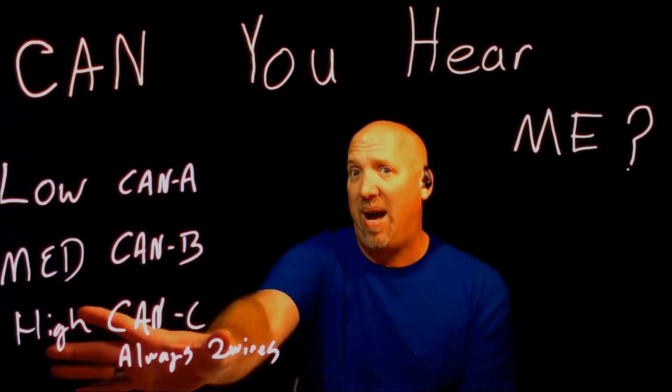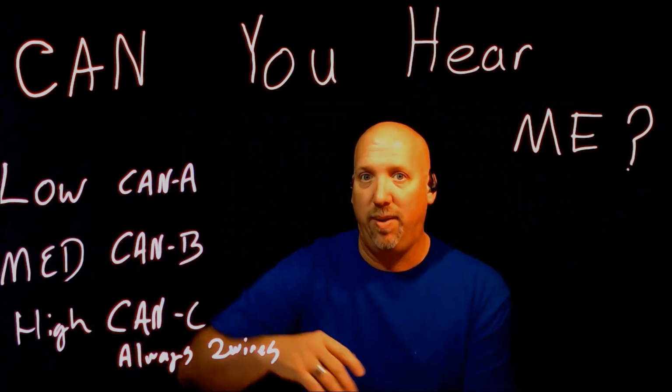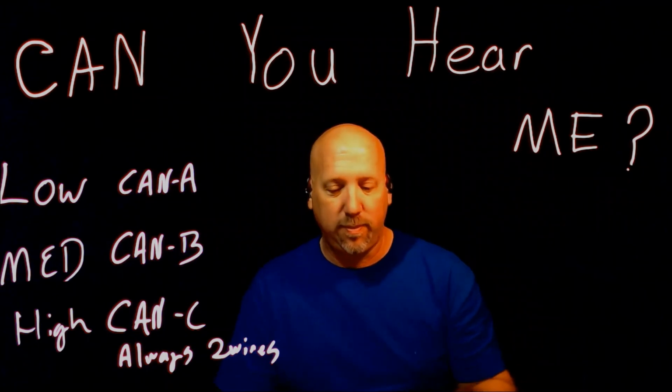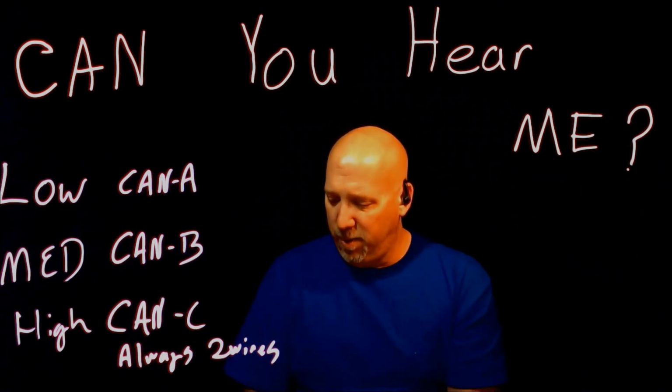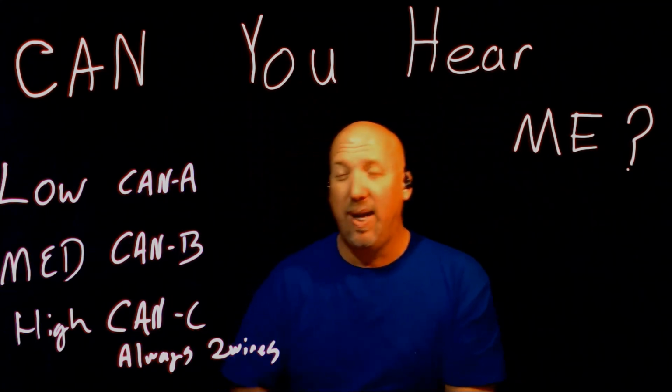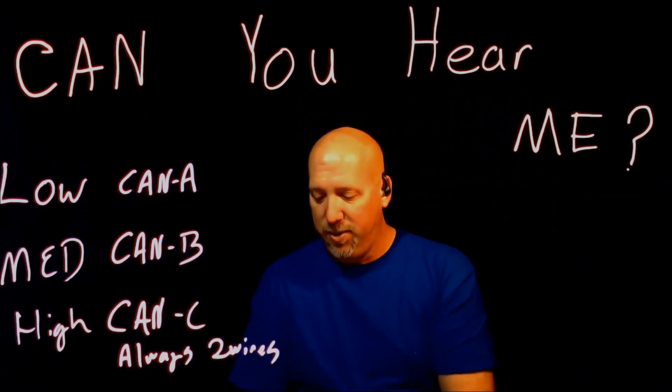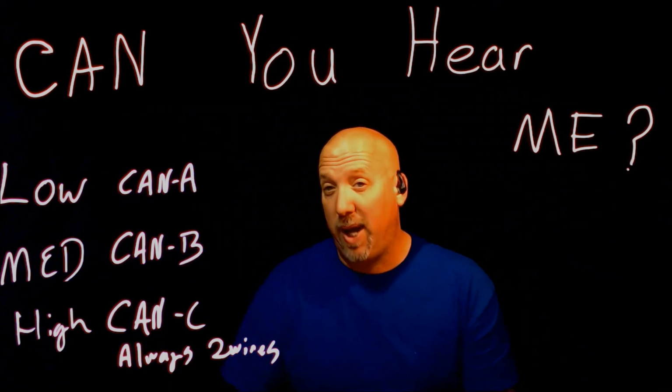Controller networks have gotten faster than 1,000 kilobits per second. Don't worry about that. We've got some that are just crazy fast right now. There is a CAN D, but it's a newer and less used protocol for extremely high data rates.